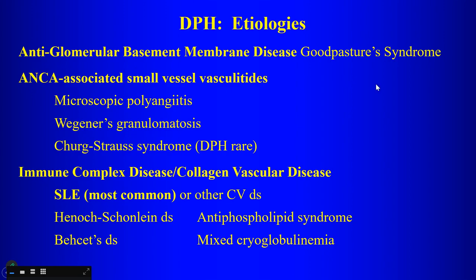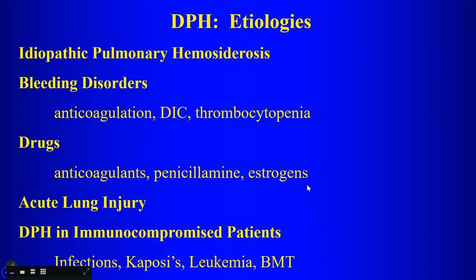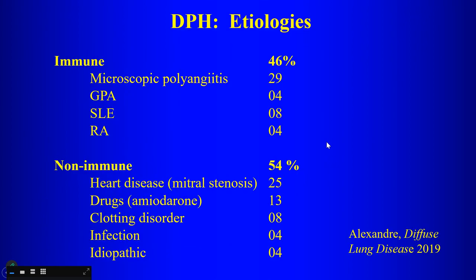So we've discussed Goodpasture's, we've discussed vasculitis, we've talked about immune complex disease, these other more miscellaneous causes of pulmonary hemorrhage. And interestingly, in this study of patients with pulmonary hemorrhage, they found about half were from immune causes, half were from non-immune causes.